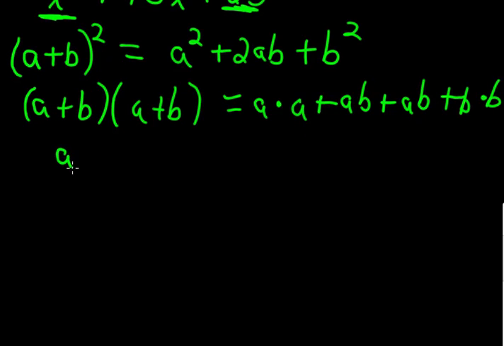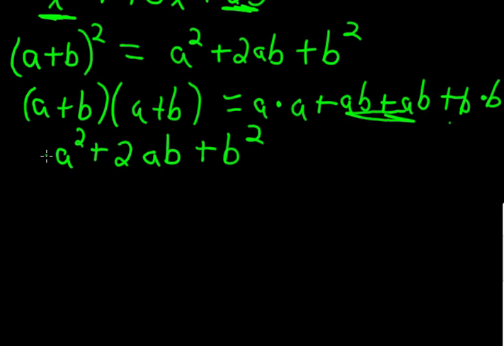So a times a is a squared. I have an a times b and an a times b twice. So I write that as 2a times b. And at the very end I have b squared. And so that's a pattern you'll see a lot of other people go for when they talk about squaring binomials.